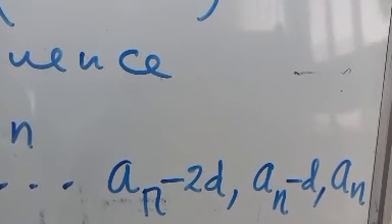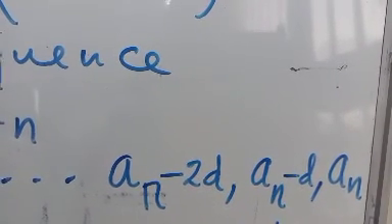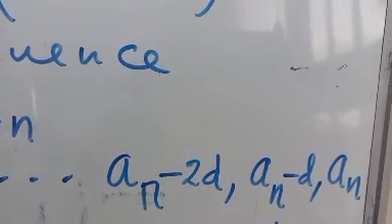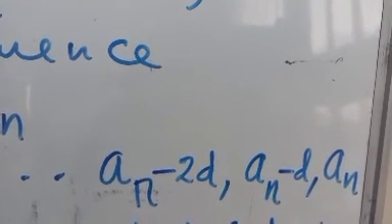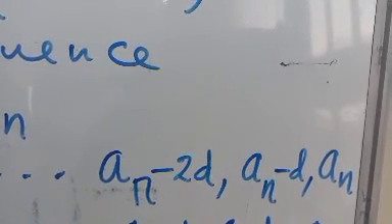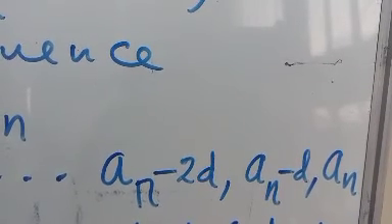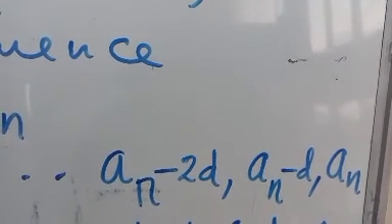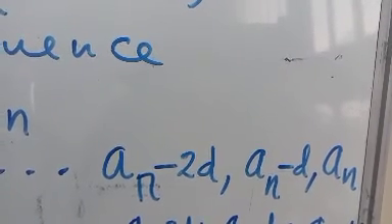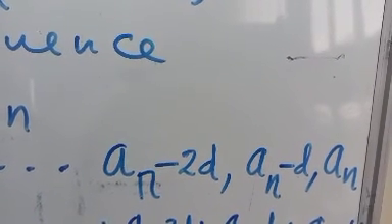So we take 5 minus 3 and remain with 2, which is the number before 5. Therefore, the numbers before an will be an minus d, and the other one will be an minus 2d.